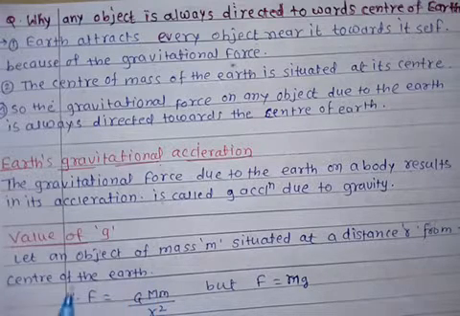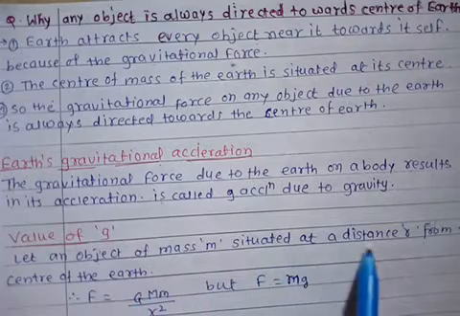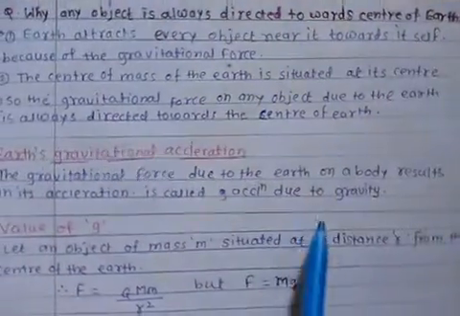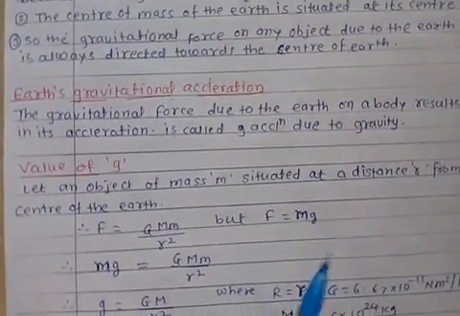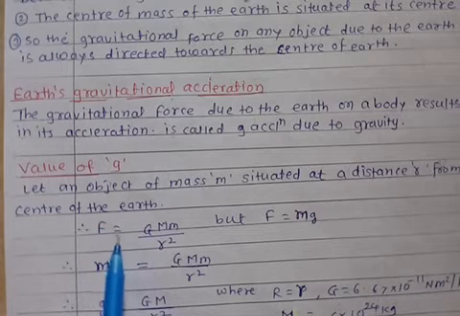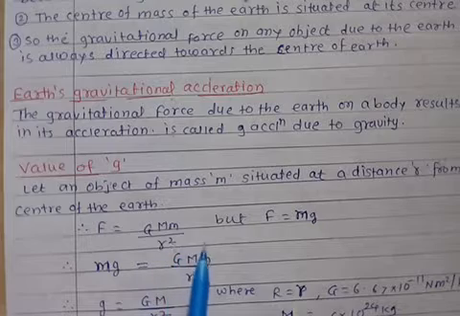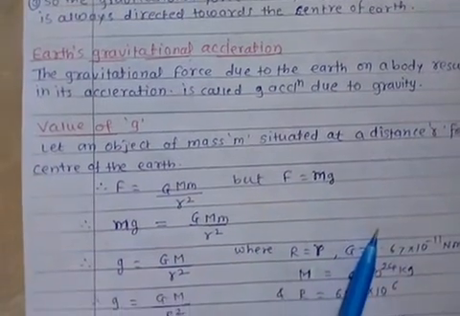g means the gravity. Let an object of mass m be situated at a distance R from the center of the earth. The formula is F equal to G capital M divided by R square. But F equal to mg, that is the formula of weight.